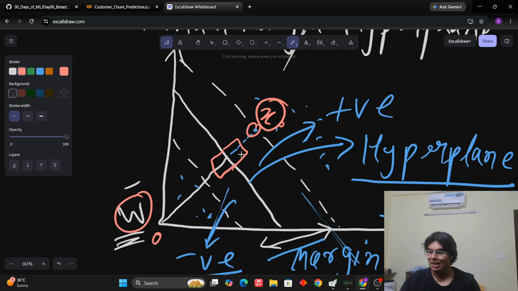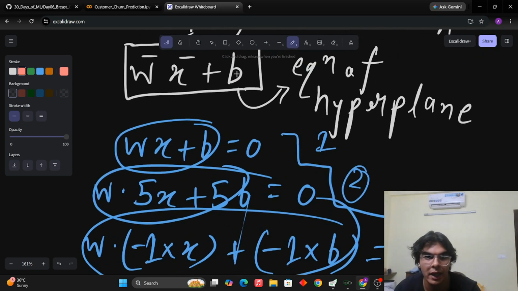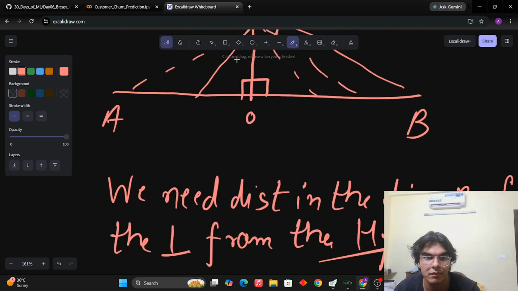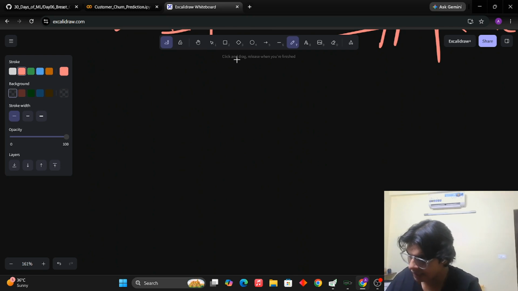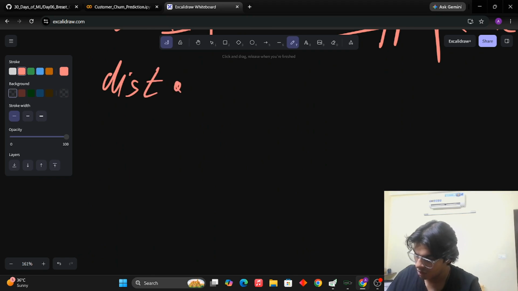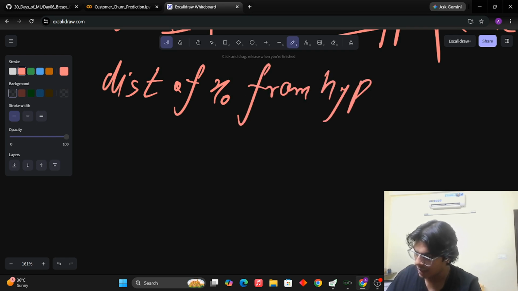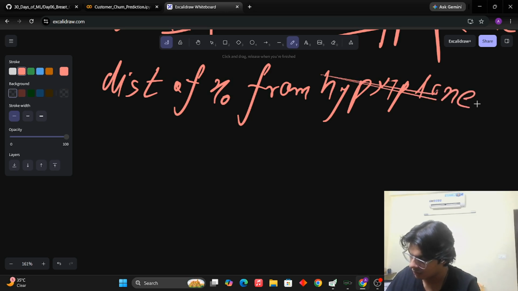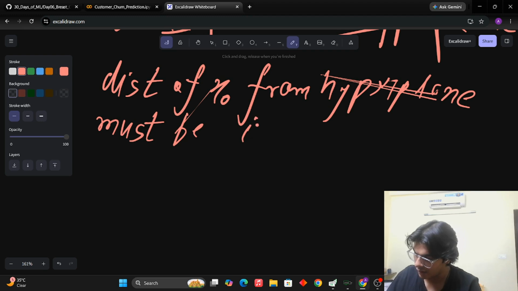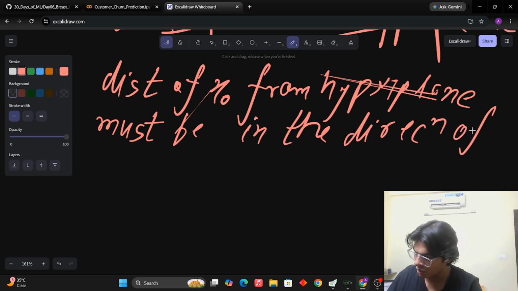So we can say that basically the distance of x naught from the hyperplane must be in the direction of the perpendicular.